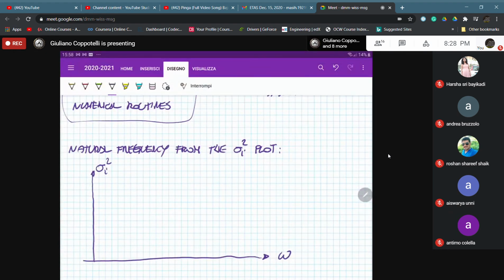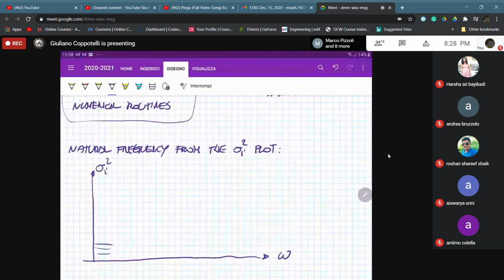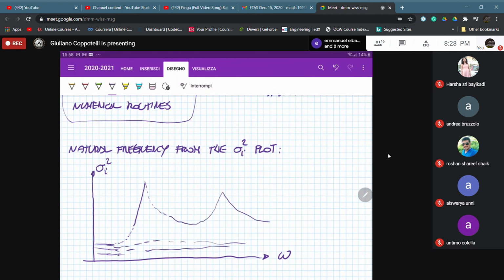We will have many singular values here, and then at a certain point we have just one singular value that is going high, and the others are all very, very low.